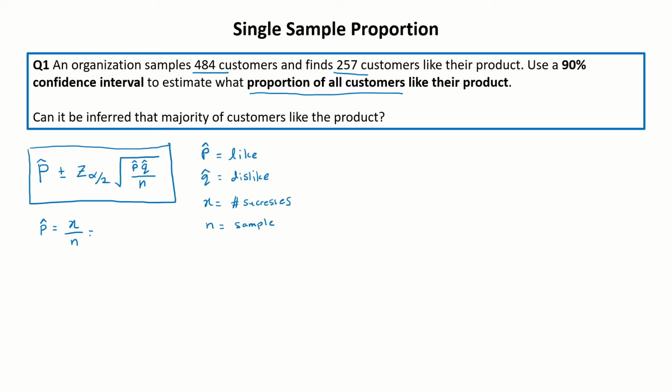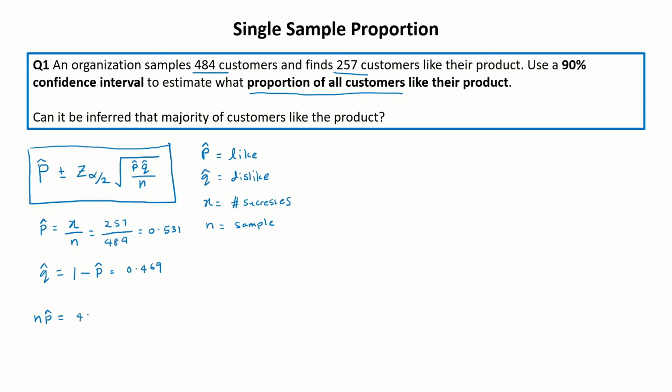So in essence, what we're saying is 257 customers out of 484 like the product, and that proportion would be something like 0.531. We can then calculate q hat, which is the proportion of customers that dislike the product, by simply finding 1 minus p hat, which is 1 minus 0.531, and that would give me 0.469. So we can calculate the number of customers that like the product by multiplying the sample size with the proportion.